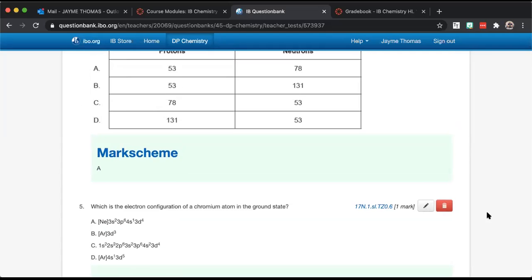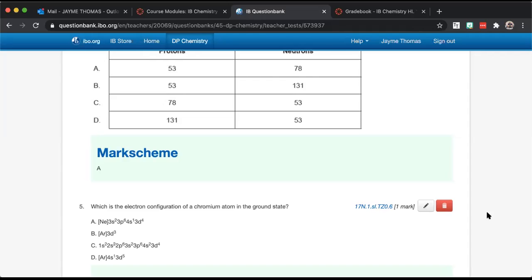Number 5, this is an electron configuration. This is for the element chromium, which is Cr on the periodic table. Now, they've given us 3 of them that are the shorthand and one that's the regular long form. It doesn't matter. We can do it short or long as long as it's the correct way. If we do the shortcut for chromium, it's in the 4th period, the 4th row.